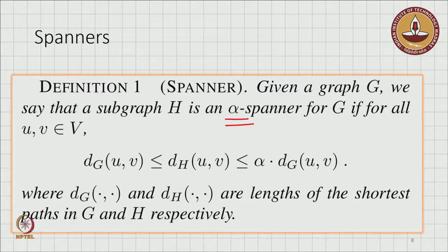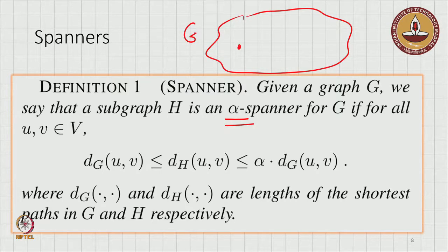We say that H is an alpha spanner for the graph G if for every pair of vertices, so now you have a graph G, any pair of vertices U and V has a distance between U and V in that graph G. So that is your d_G(u, v). Now multiply that by alpha.